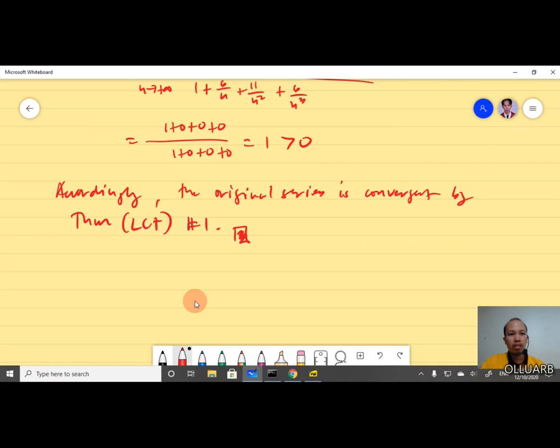like Symbolab or any other website that can get the convergence or divergence of a series. Of course you cannot use the website as your solution, but you have an idea on how to tell that the series is convergent or not.